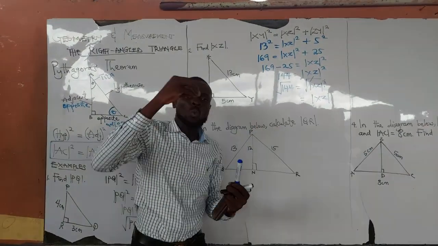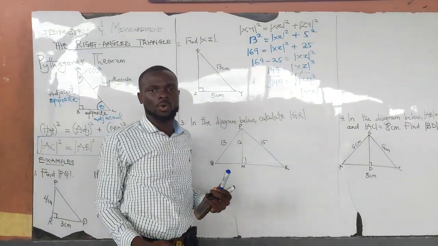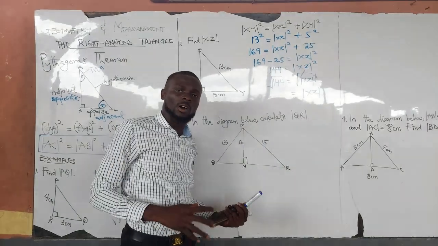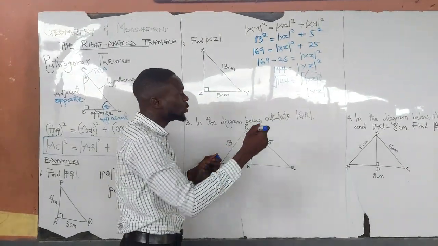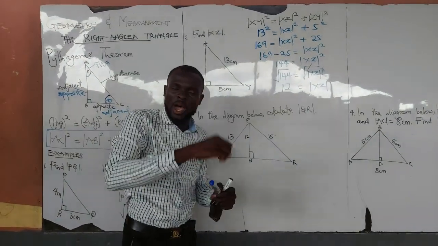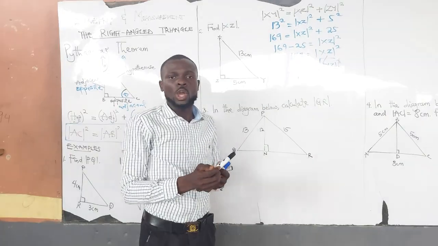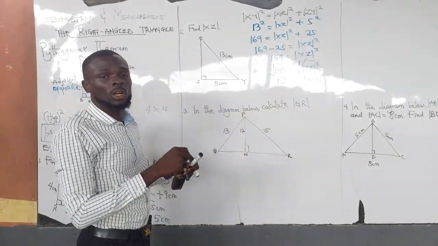Ask yourself, what number times itself will give you 144? Reciting your times table, you will notice that 12 times 12 is 144. So if 12 times 12 is 144, then what is the value of xz?